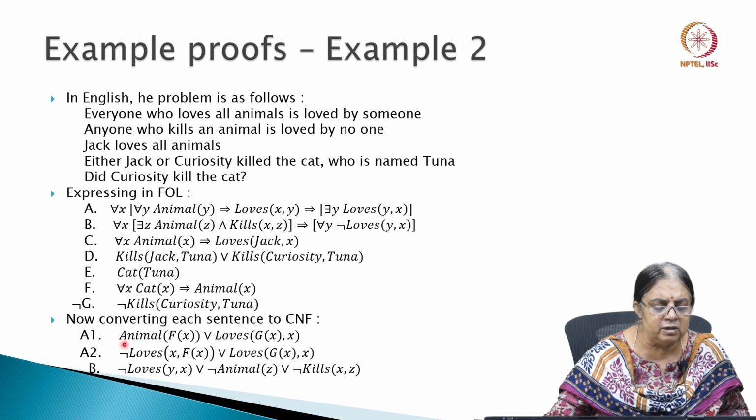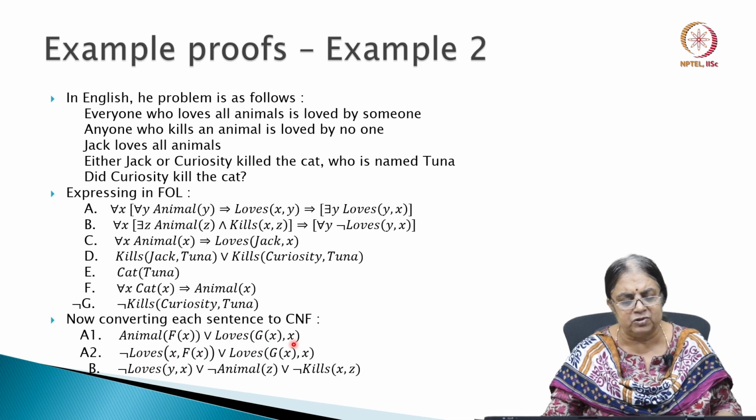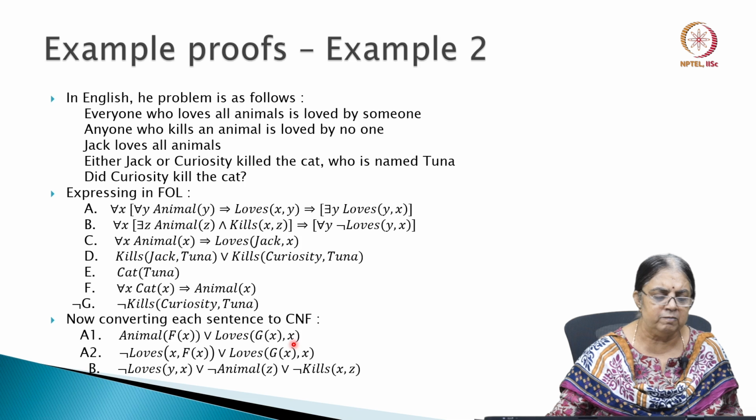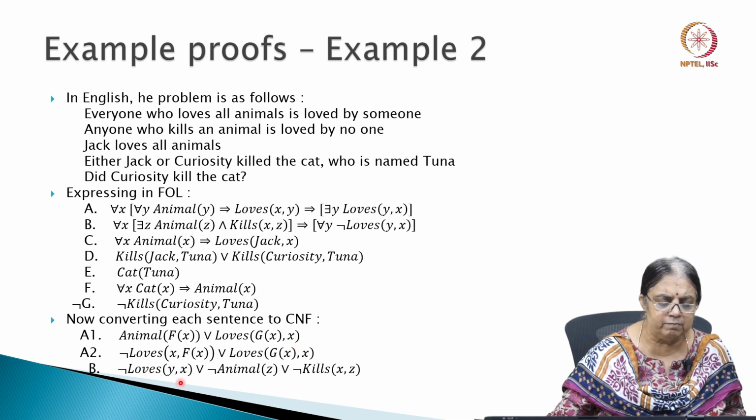So once you do that, you are getting these sentences. A1 and A2 is from the first sentence A: animal f of x and loves g of x of x. So what you have done basically is remove the implication and also carried out Skolemization. And then B, you are going to get this.